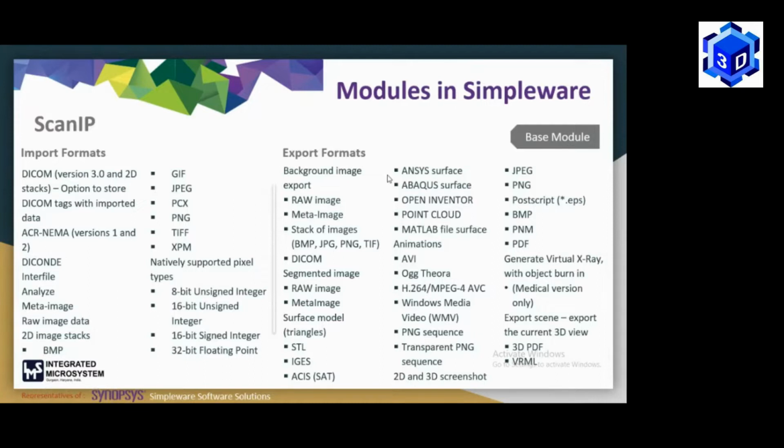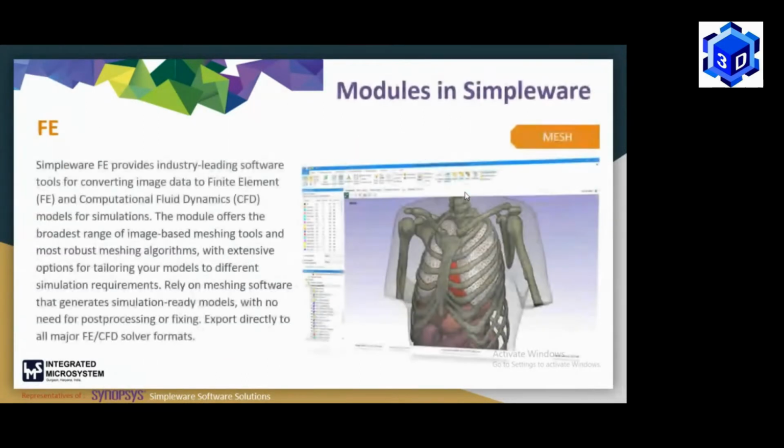These are the relevant formats used for export, for further simulation of a model created in Simpleware. And as I previously mentioned, this is the FE module, which is totally based on meshing, including FE meshing and CFD meshing.